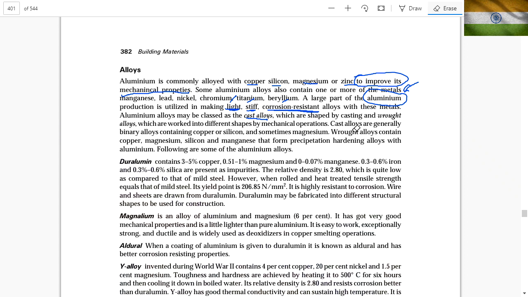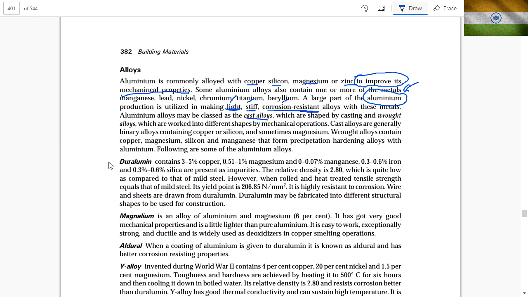Now, the cast alloys are generally binary alloys containing copper or silicon and sometimes magnesium. Wrought alloys contain copper, magnesium, silicon, manganese, that form the precipitation hardening alloys with aluminum. Following are some of the aluminum alloys.